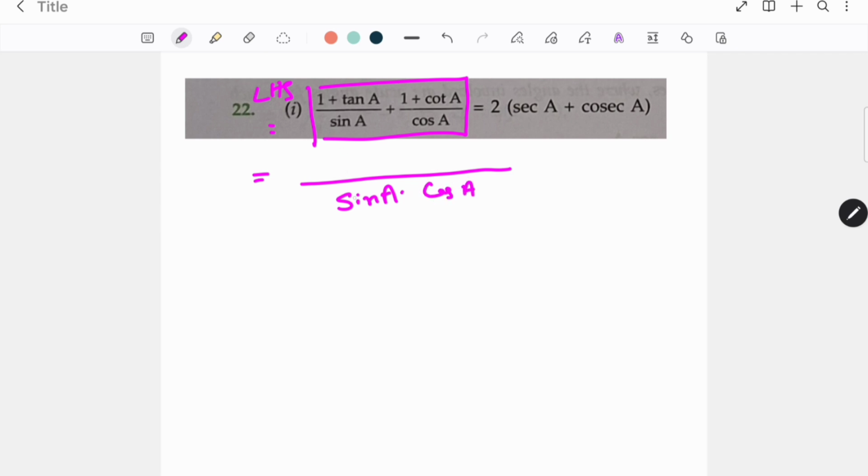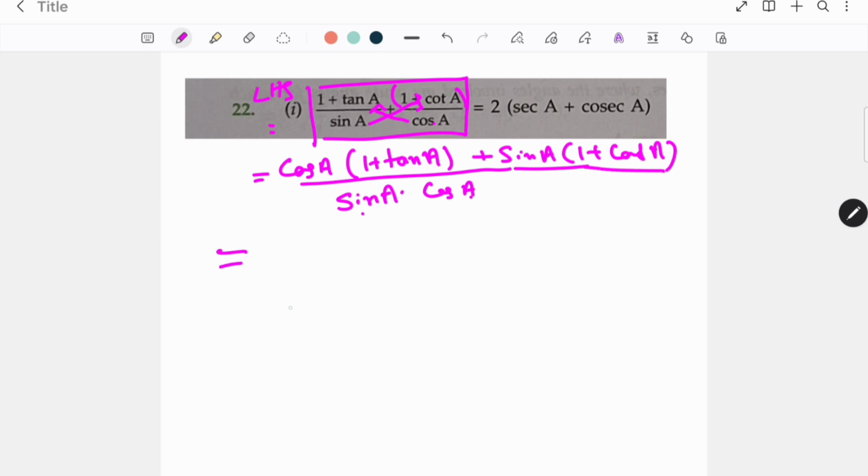As sine A we got here, sine A cancels this, so this cos A we are going to multiply this side. So we're going to get cos A into 1 plus tan A, and on this side cos A and cos A cancel, so sine A will be multiplied here. So it will be sine A into 1 plus cot A.